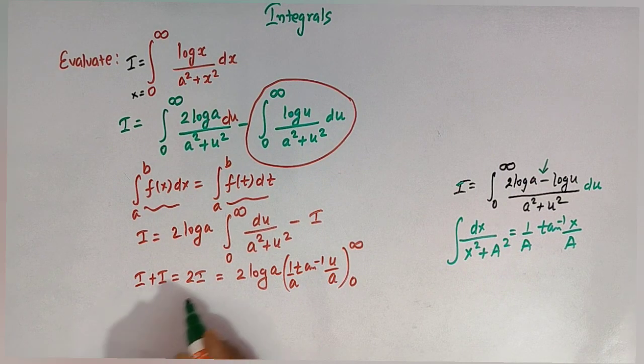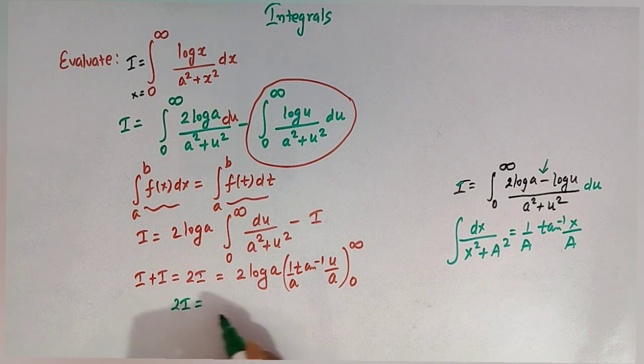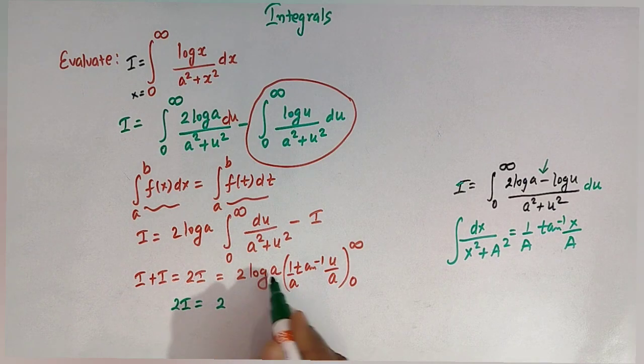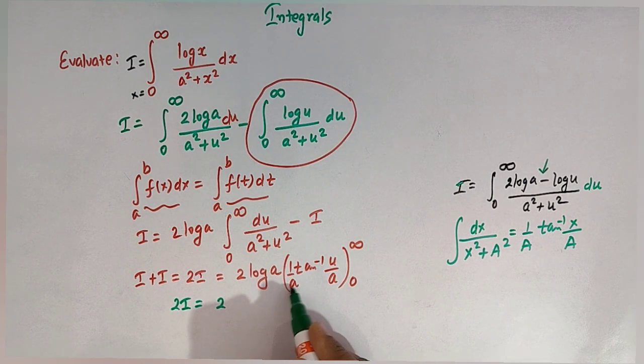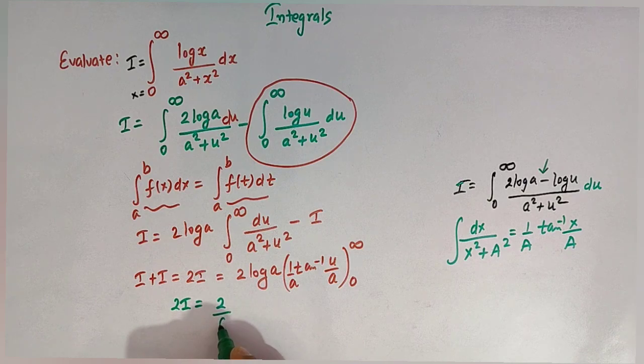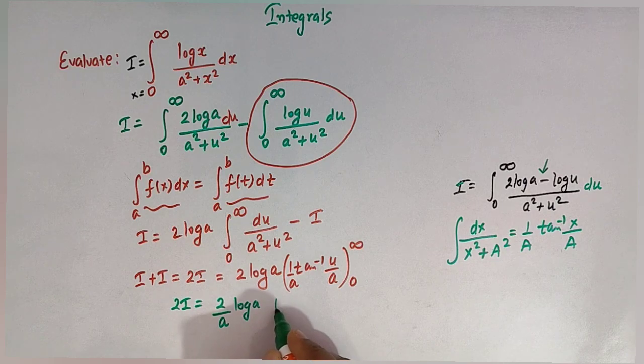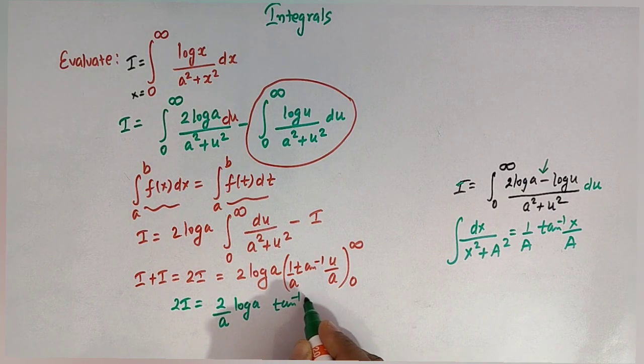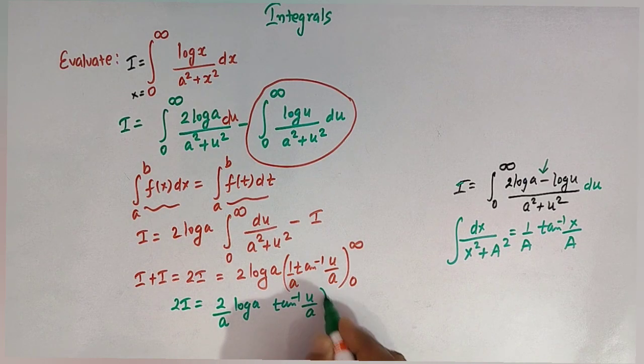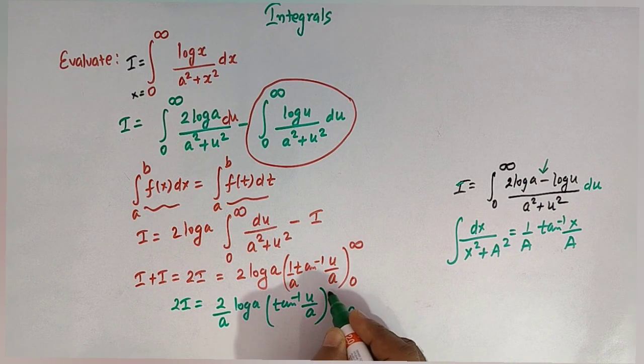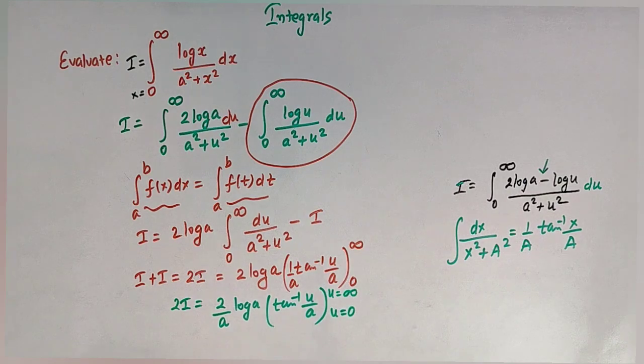So now we can write 2I is equal to 2 log a, and we can take 1 over a outside, so we have 2 over a log of a, and tan inverse of u over a, and the limits of integration are from 0 to infinity, right?